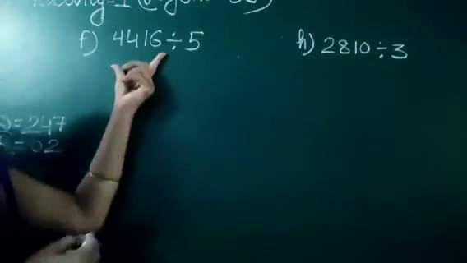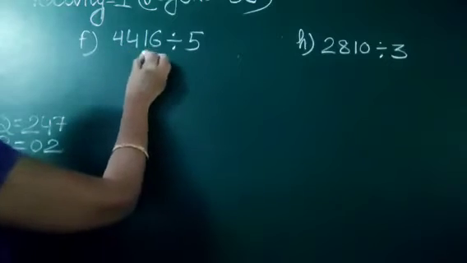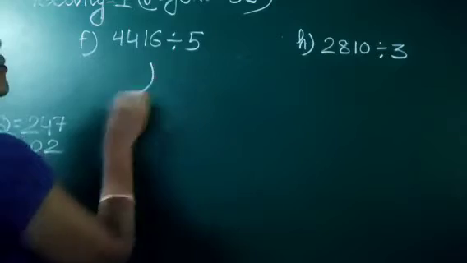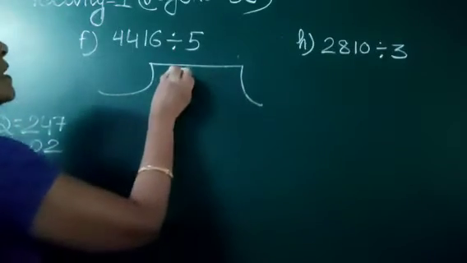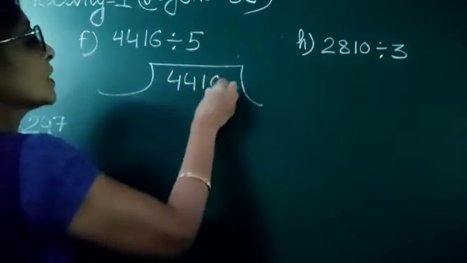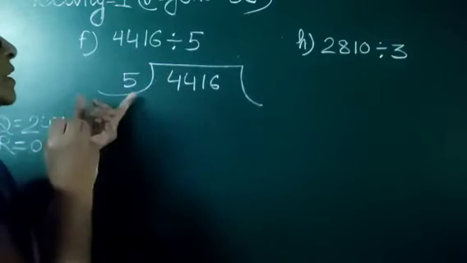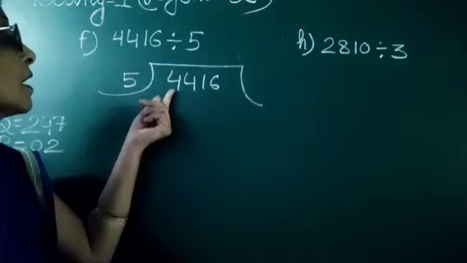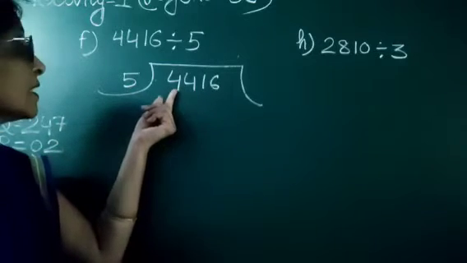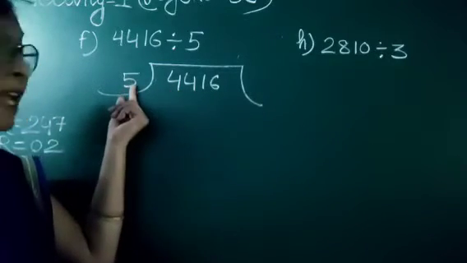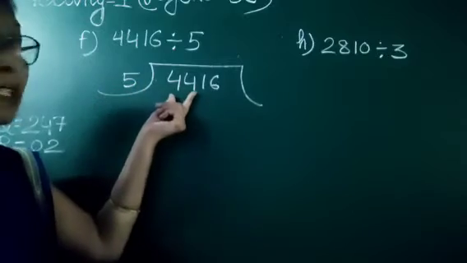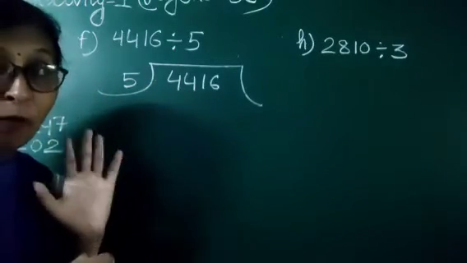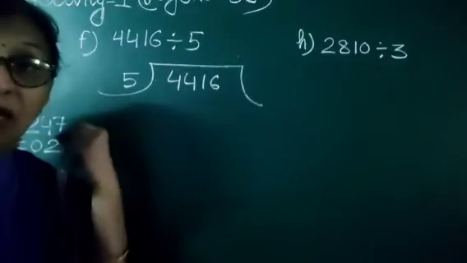Now see the F part, that is a 4-digit number divided by a single digit. How do you divide it? Now you write the dividend here, 4416, and the divisor you write here. Here the single digit is less than that, so we take the 2 digits. 7 8s are 40. 7 9s are 45.